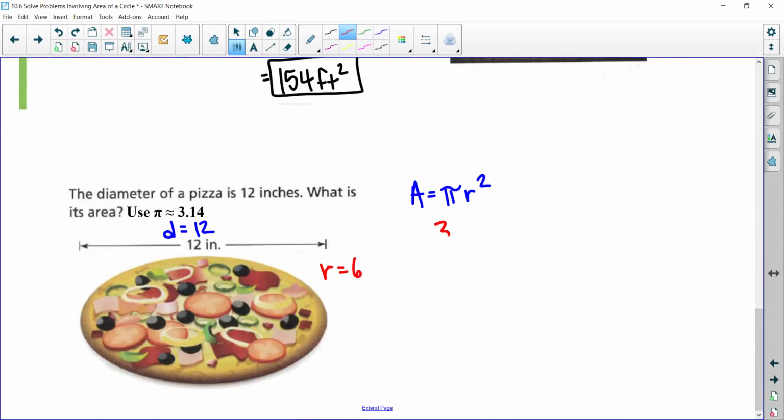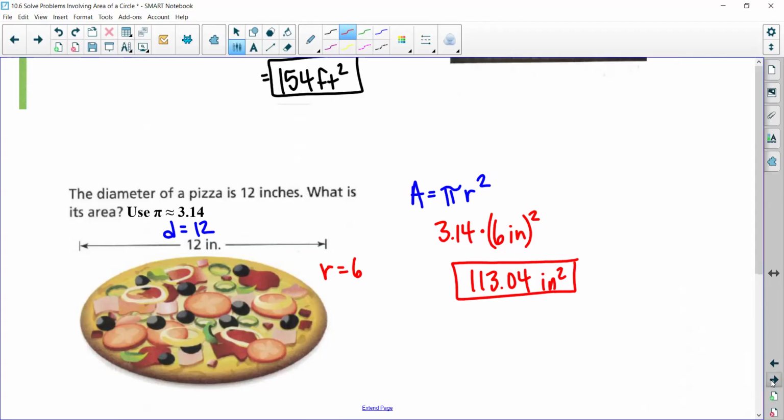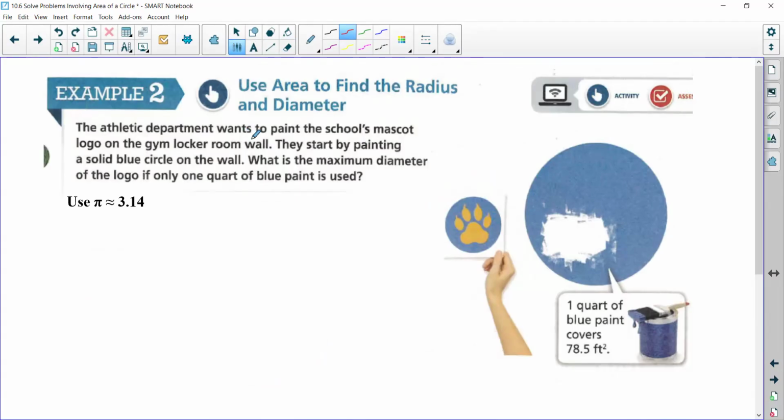So 3.14 multiplied by 6 inches to the second power. 3.14 times 6 squared. We get 113.04 square inches. Again, hopefully the book is telling you exactly what to round to here. This particular example did not.